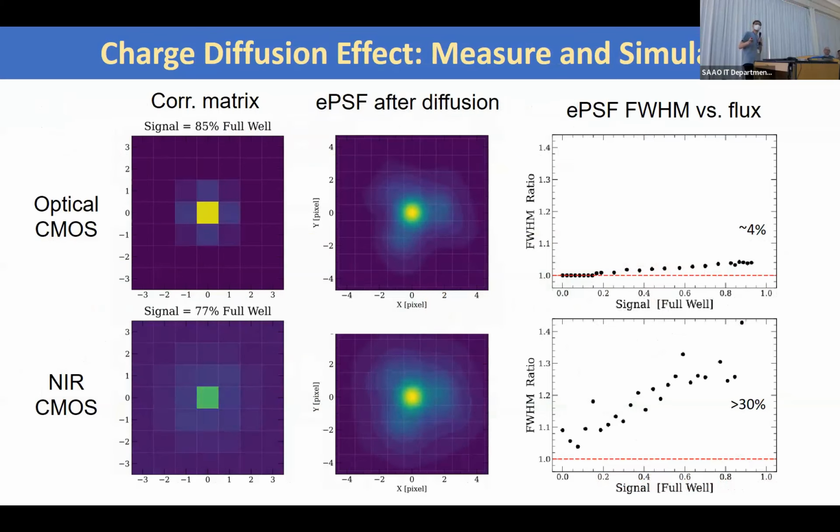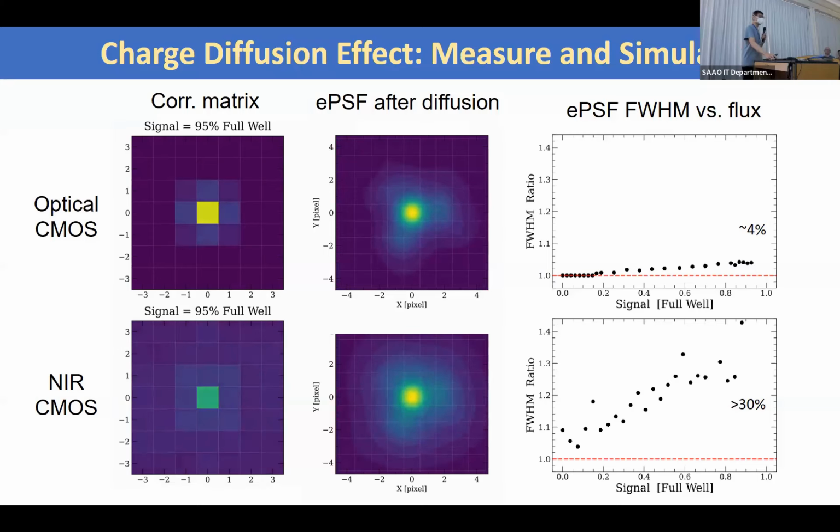This is the correlation matrix and the PSF after the distortion, as well as the PSF size increase ratio as a function of the flux. Optical CMOS is basically fine, but for our red sensitive CMOS, it increases significantly.